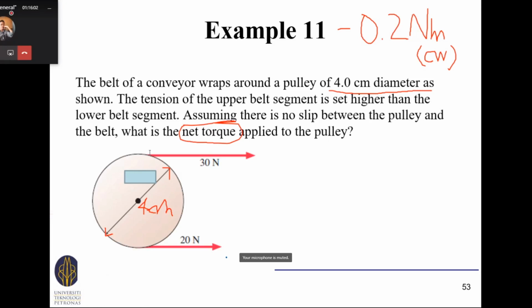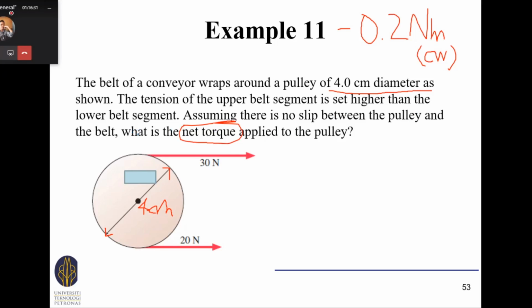The question is, the belt of a conveyor wraps around a pulley of 4 centimeter diameter. So you see that you are given the diameter. As shown, the tension of the upper belt segment is set higher than the lower belt segment. Assuming there is no slip between the pulley, means the rotational motion is smooth.